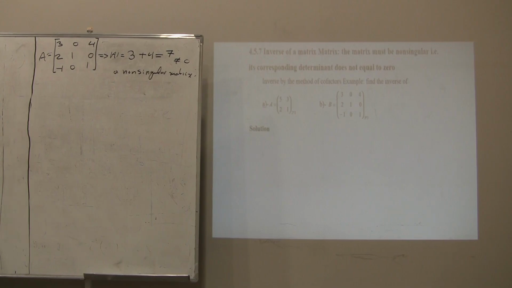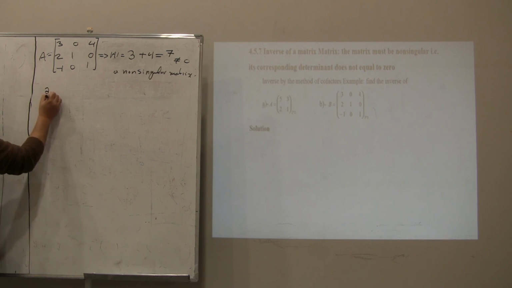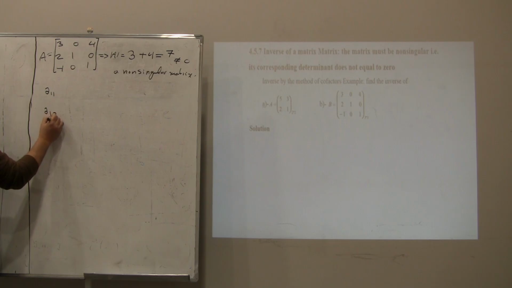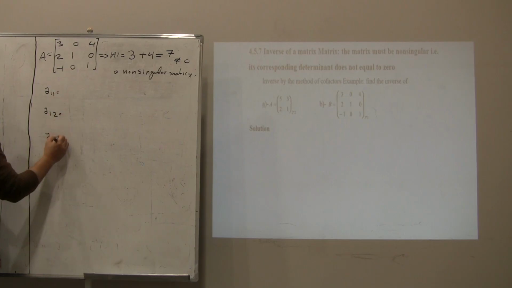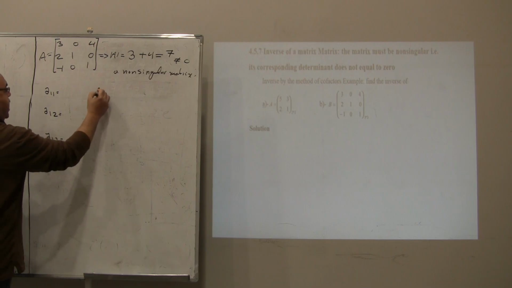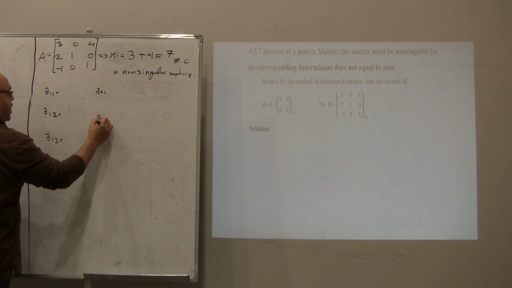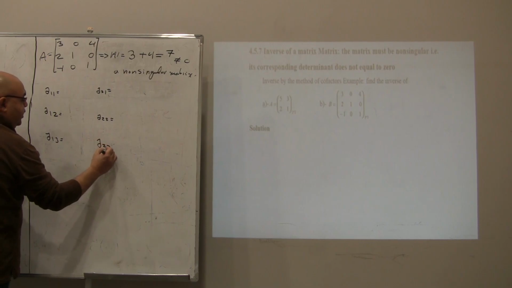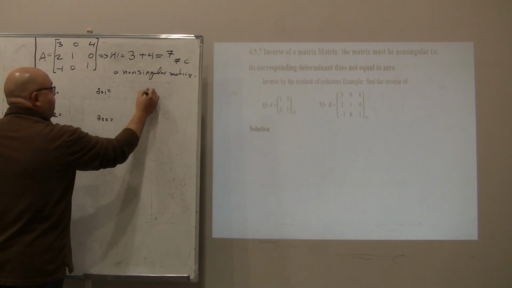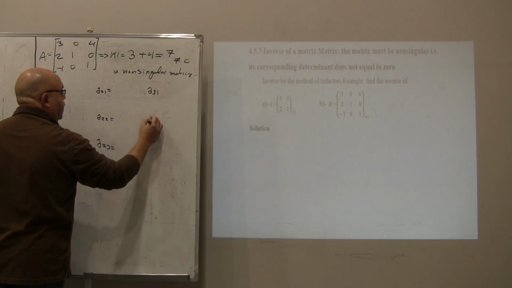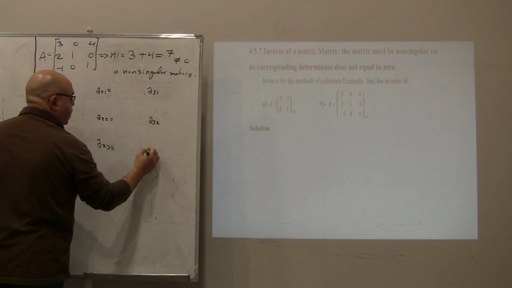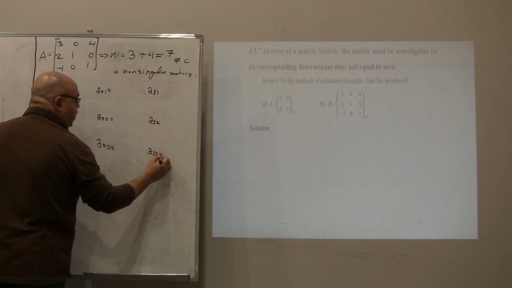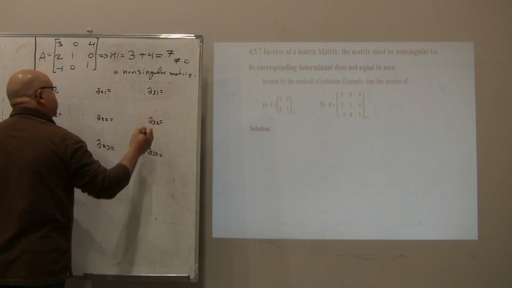Remark, I will write the elements, which are A11, A12, A13, equal to, equal to, equal to. Then A21, A22, A23, and then the elements A31, A32, A33 equal to, equal to, equal to.